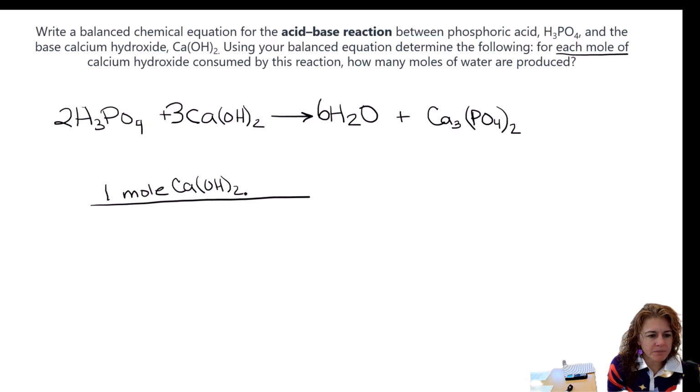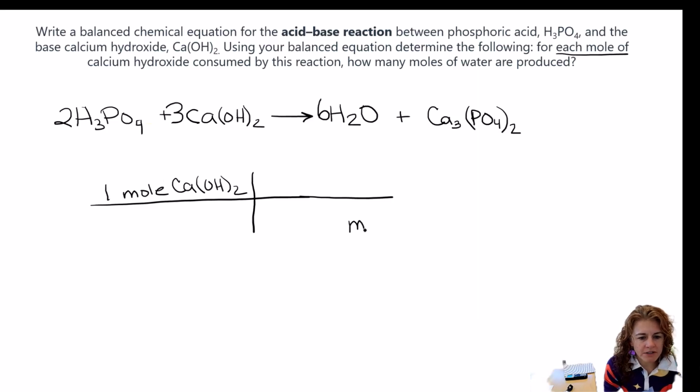All right, this is simply a unit conversion, so I'm going to set it up the same way that I always do. Mole of calcium hydroxide is going to come down here. And then my destination, whatever it is that I'm asking for, is going to go on top. So it's asking about water. So moles of water on the top.